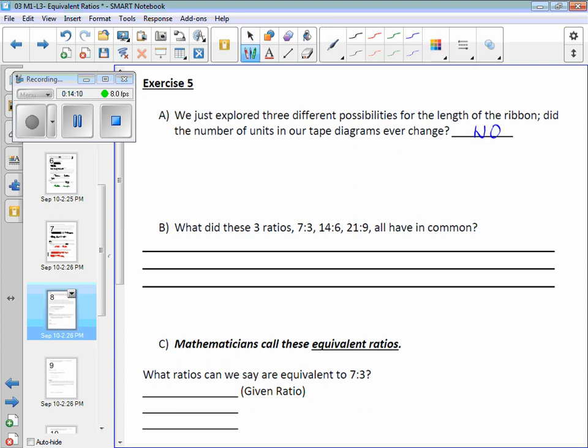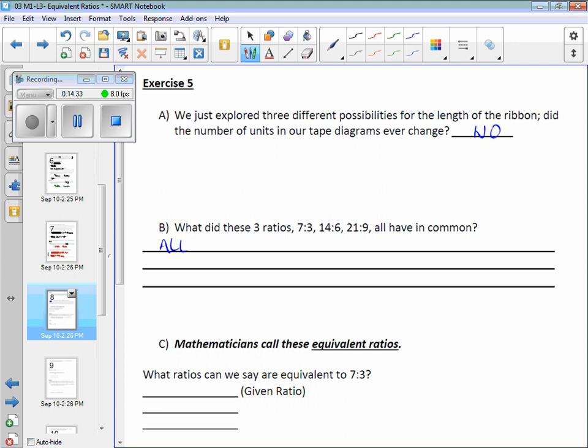Okay, what are the 3 ratios, 7 to 3, 14 to 6, and 21 to 9? What do they all have in common? And then I have a bonus question for a ticket at the end here. What do these 3 ratios have in common? Well, they're all multiples of 7 and 3. Okay, that's good.